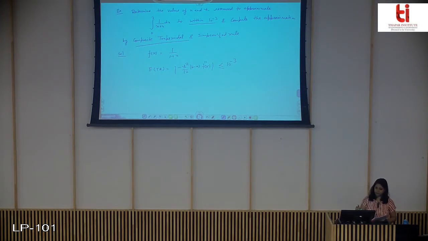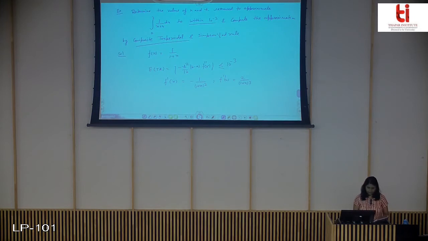We compute the value of this integral, and the error should be less than 10 raised to the power minus 3. So f of x is 1 upon 1 plus x. The first derivative is minus 1 upon 1 plus x whole square. The second derivative is 2 upon 1 plus x raised to the power 3.